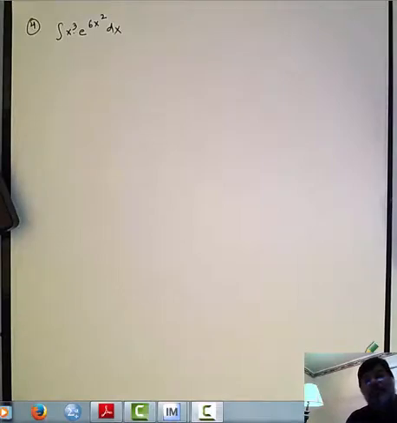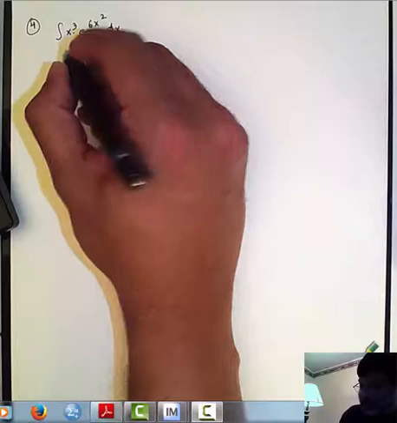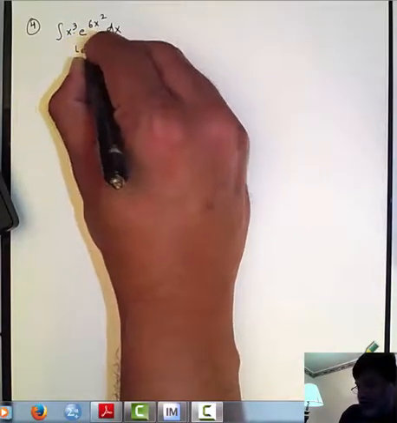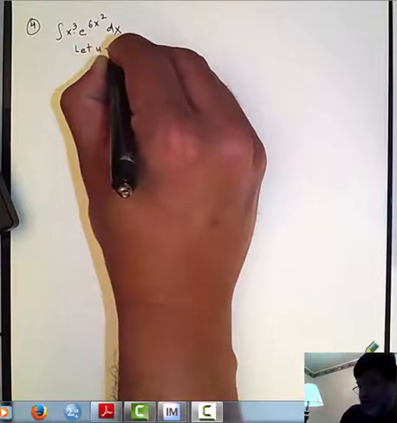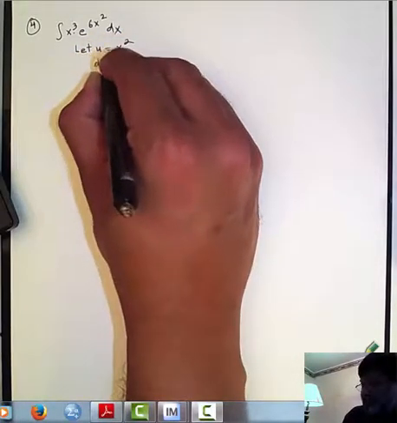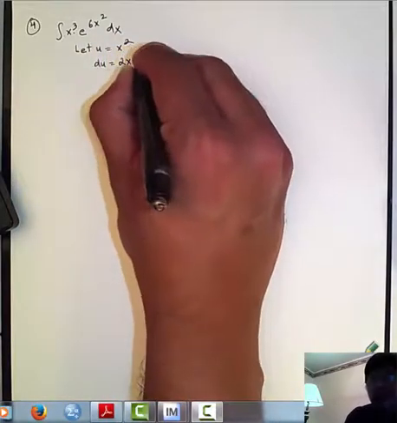Okay, so what we're going to do is split them up. So let's do a u substitution. If I made u to be x squared, what would be du? It would be 2x dx.